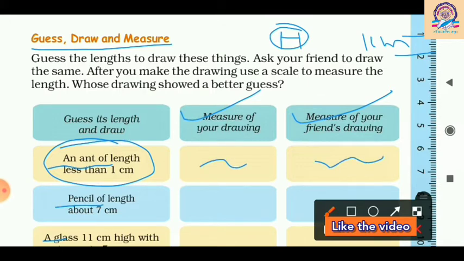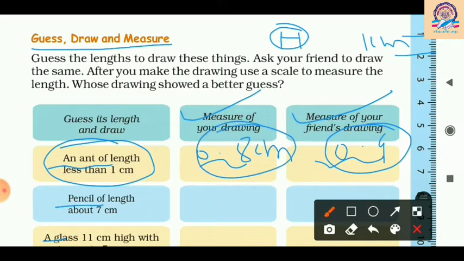For example, the ant you drew was 0.8 centimeter and your friend's was 0.9 centimeter. So who was closer to 1 centimeter? Your friend. In this way you can do this activity.